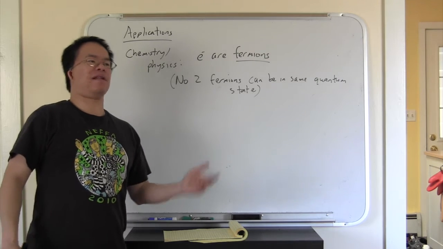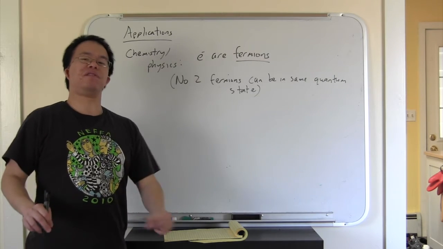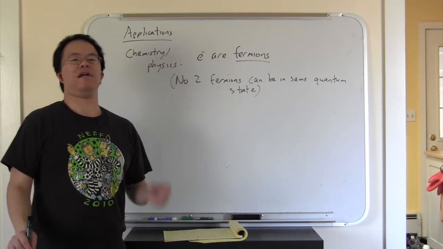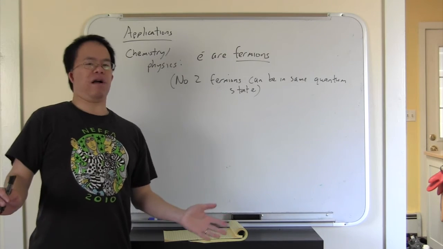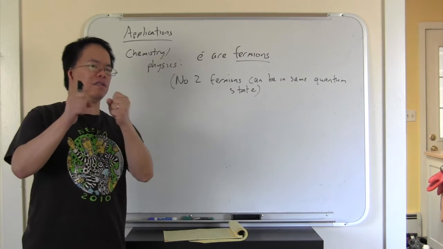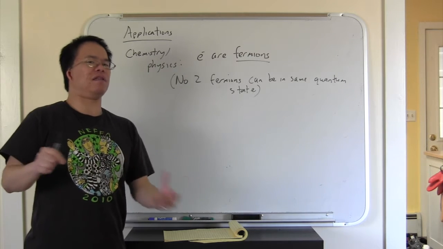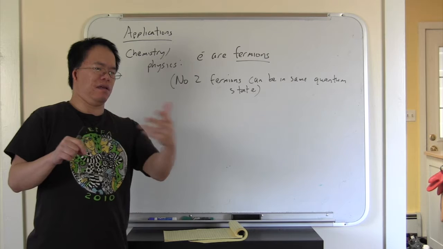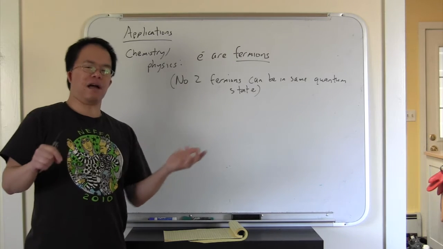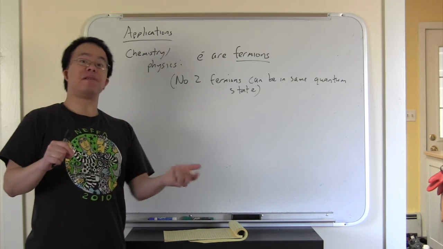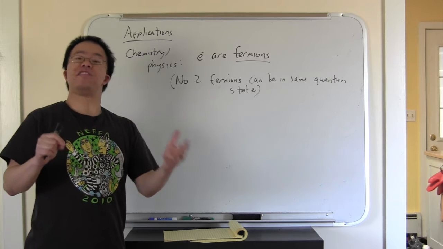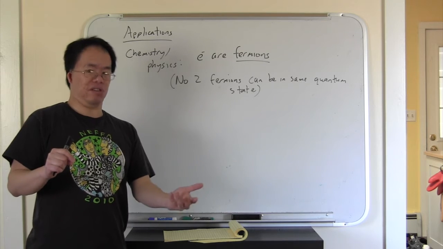If you think about something like helium, which for neutral helium has 2 electrons, to lowest order approximation, we can ignore the interaction between the 2 electrons. And then roughly the electron energy eigenstates are very similar to the energy eigenstates we saw for hydrogen.